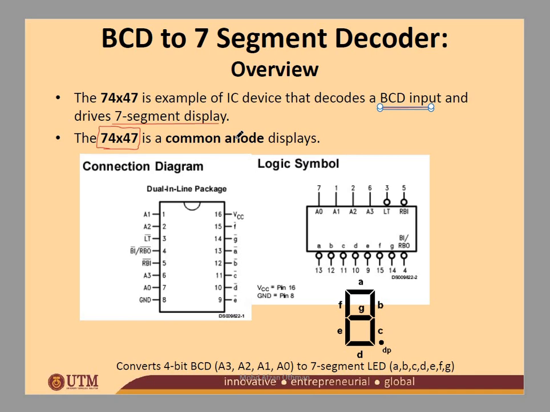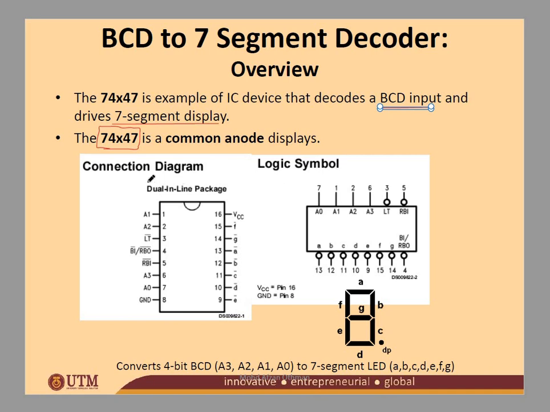However, if you are not able to memorize all, and the question gives you this kind of connection or this logic symbol, I believe you are still able to do it, as long as you know what this pin is, what the ground function is, what the RBO function is. For the detailed explanation, you should refer to the module.